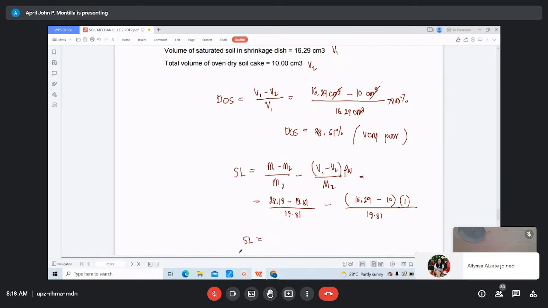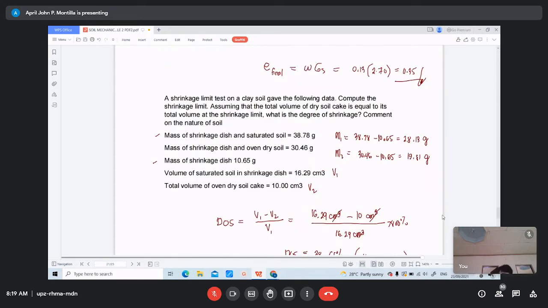Multiply nyo lang ng 100% para maging percentage form. 7.22%. So these are the requirements of this problem.